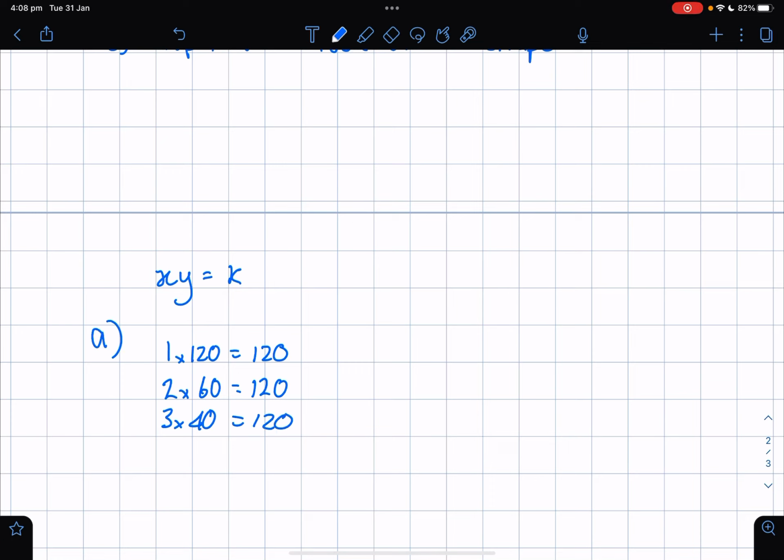This is part A. 4 times 30 is 120, and 5 times 24 is also 120. So it satisfies our condition of x times y equals a number k, where k is 120. That means y is directly proportional to 120 over x.